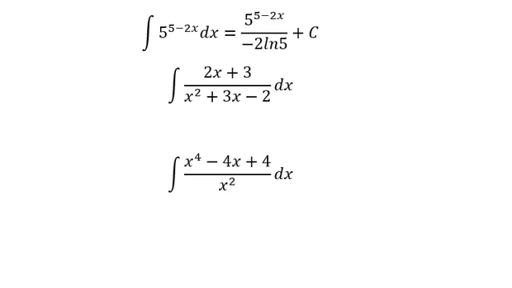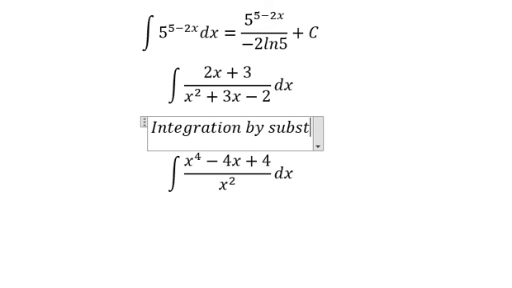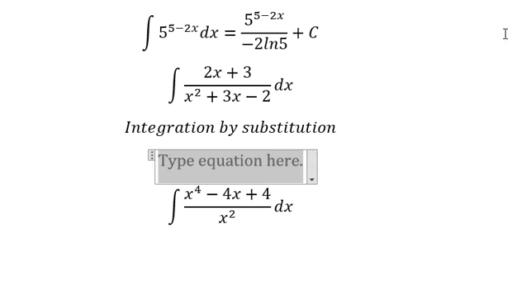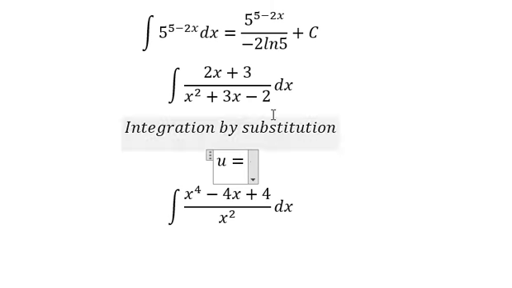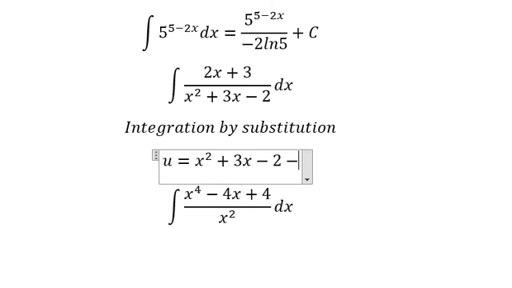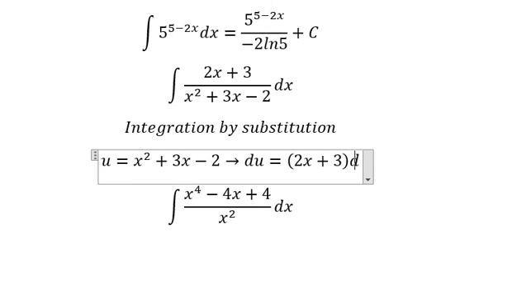Question number 3, we need to use integration by substitution. So we put u equals this one. If we do the first derivative for both sides, we have 2s plus 3 ds.